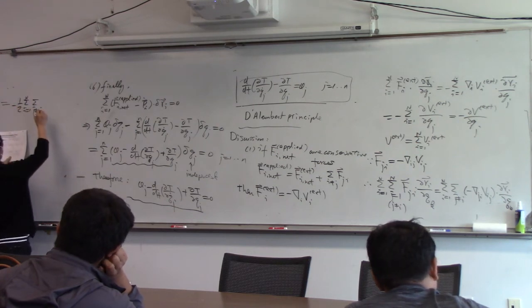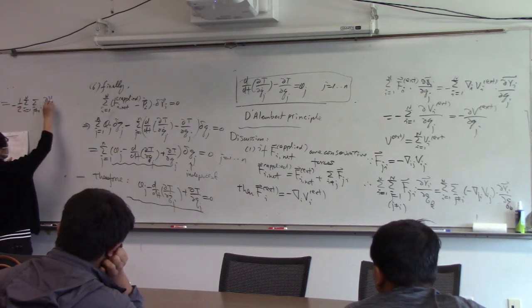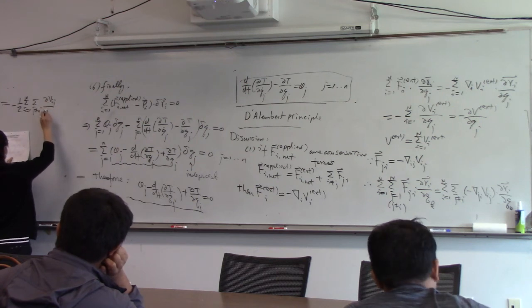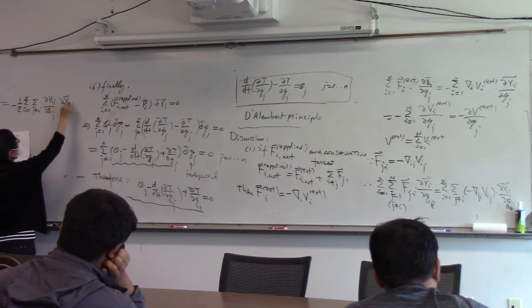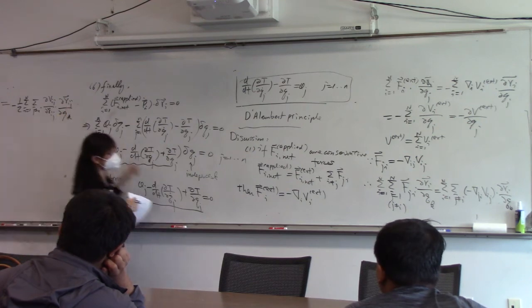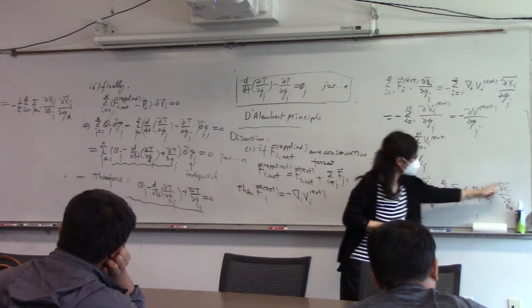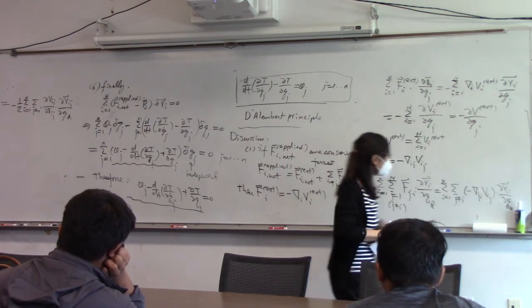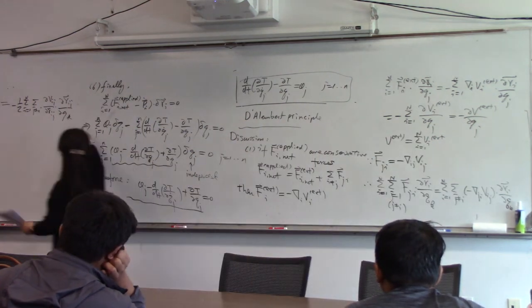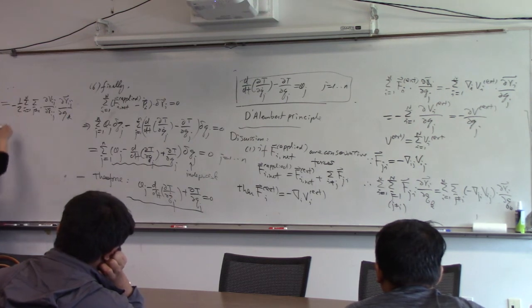And here it is ∂V_ij over ∂r_ij, and this ∂r_ij over ∂q_k. This r_ij, because I have two terms together, is ∂r_i minus ∂r_j. So that is ∂r_ij. Then I have a factor 2 here.